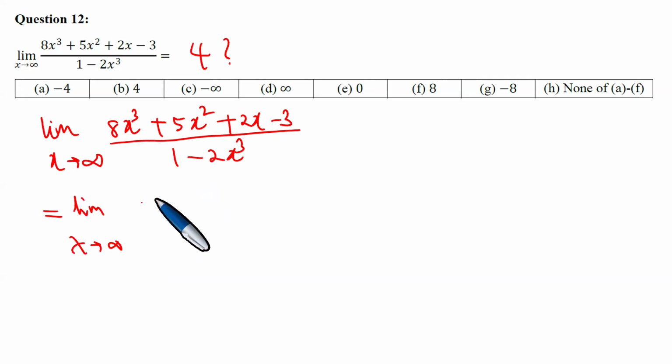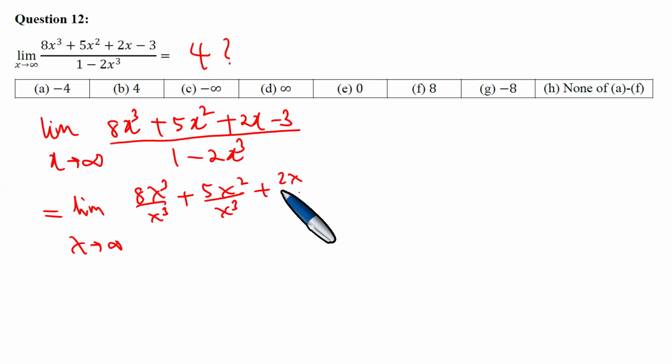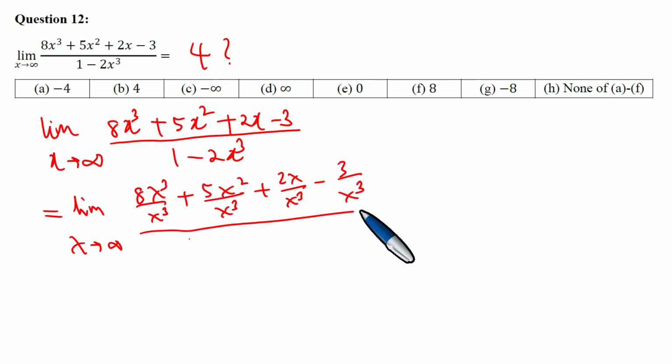To check the limit, we need to divide by the highest power of x, which is x cubed. So you have x cubed minus 3 over x cubed, 1 over x cubed minus 2x over x cubed.